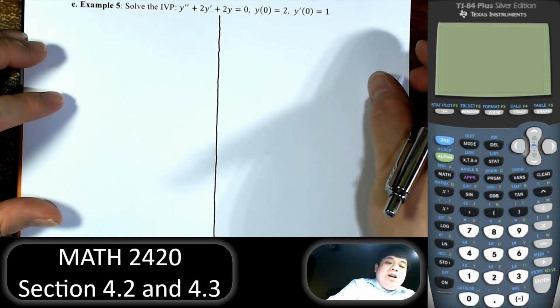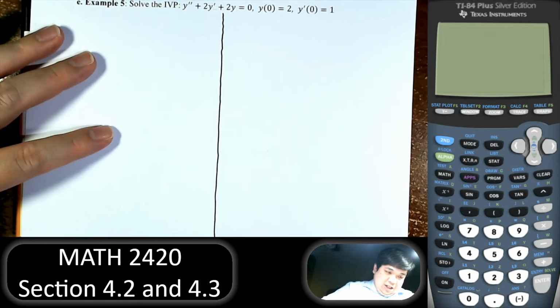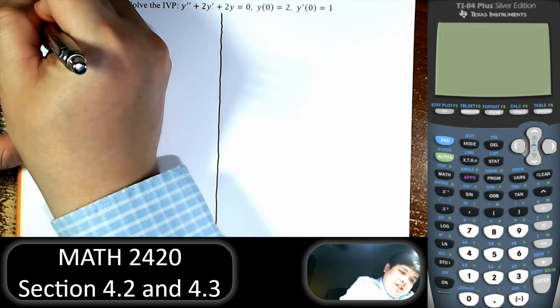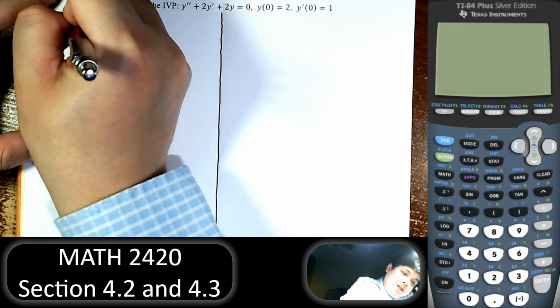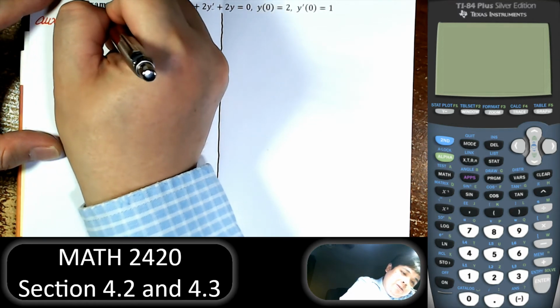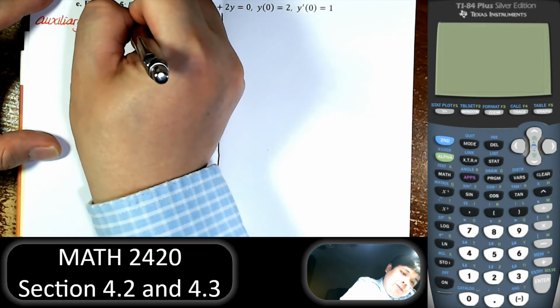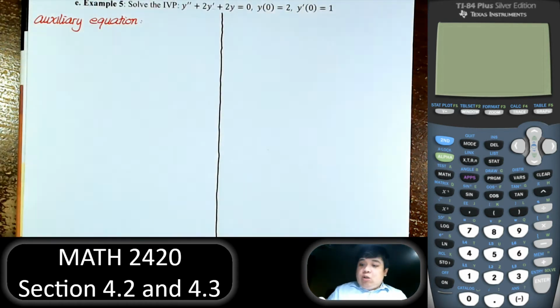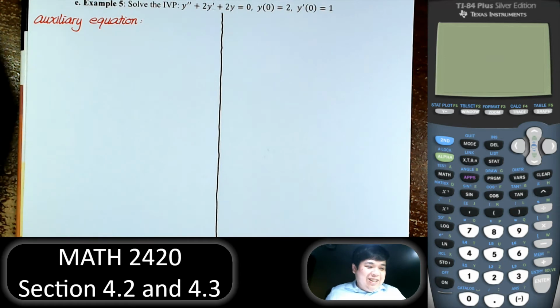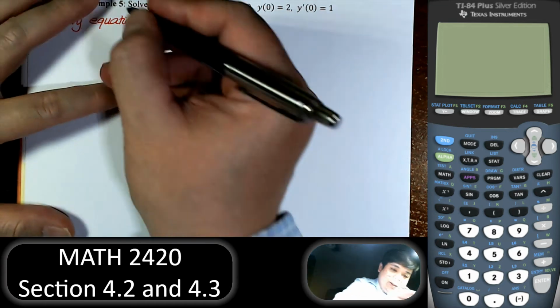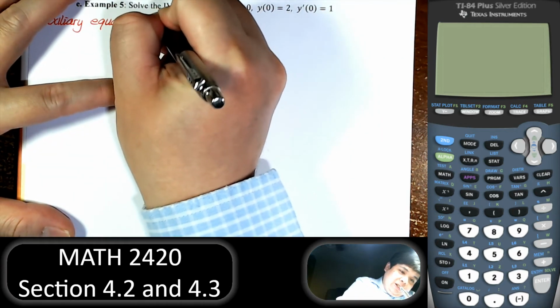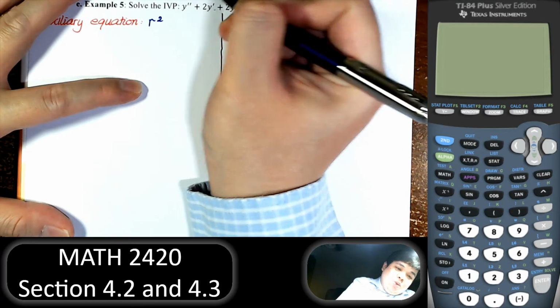So first, auxiliary equation. For once, I just want to spell it out. Now, auxiliary equation. Second derivative is r squared.